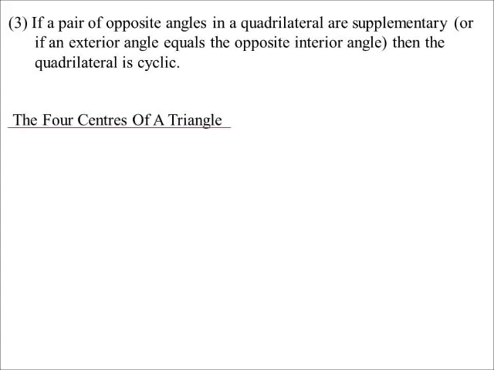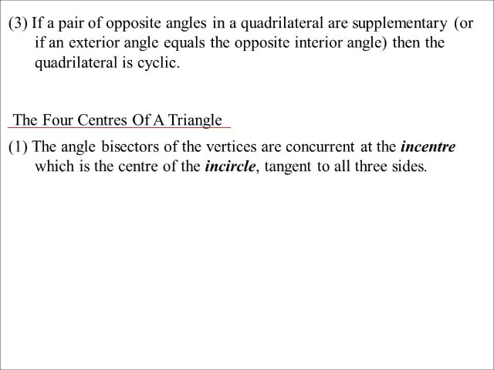The 4 centres of a triangle. It may be useful, you may never use it, who knows, but these sorts of things. So the angle bisectors of the vertices are concurrent at what we call the in-centre. So there's a triangle.